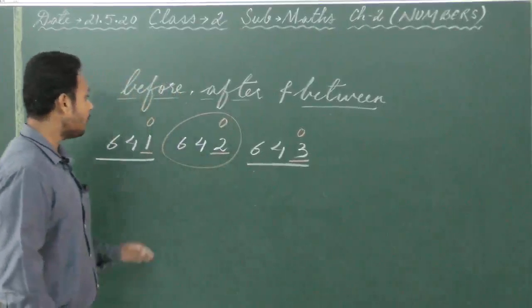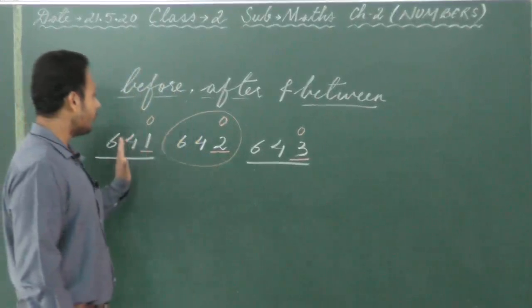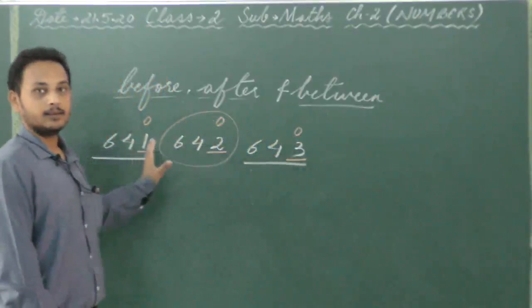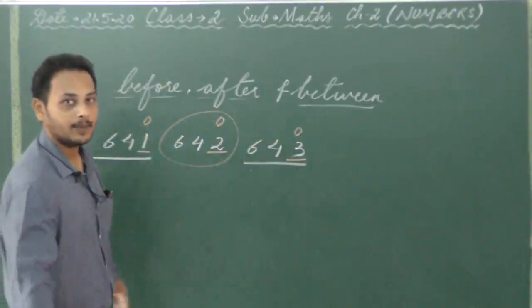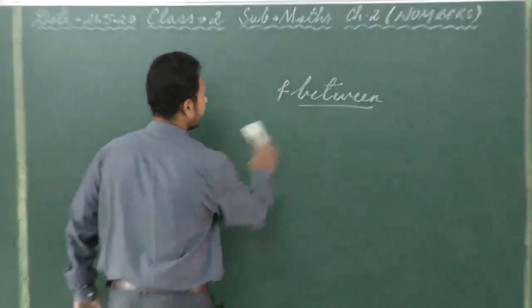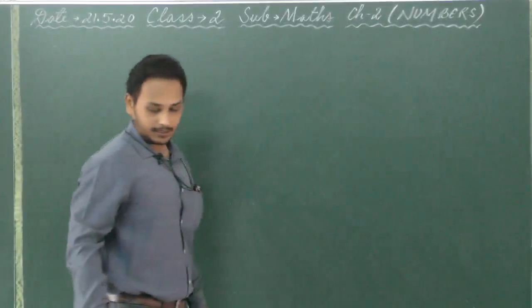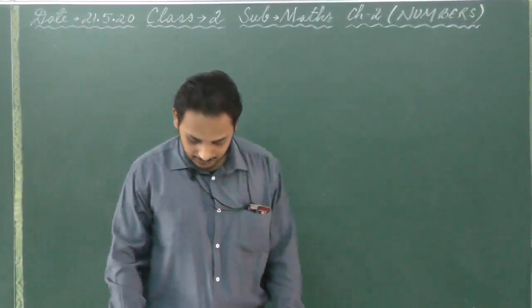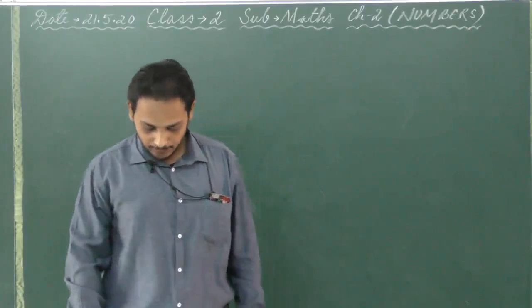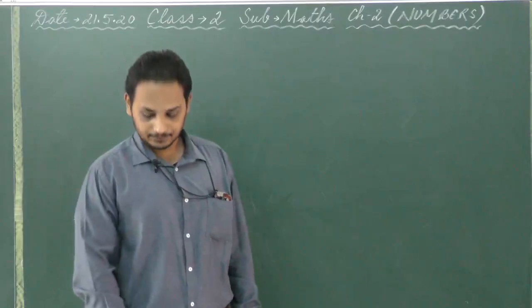Okay, so I hope you have understood what comes before, what comes after, and what is between given numbers. Now based on this, you have some exercises given on page number 16 and also page number 17.